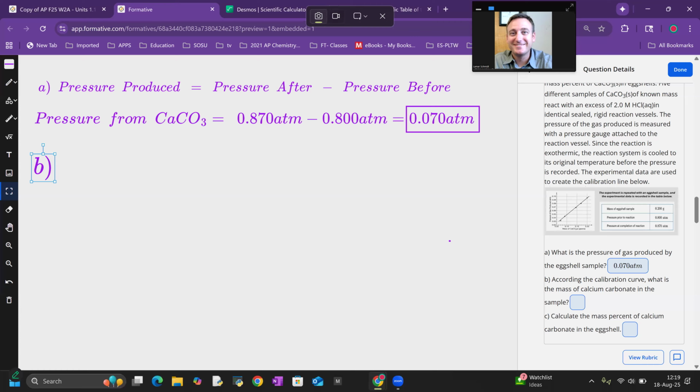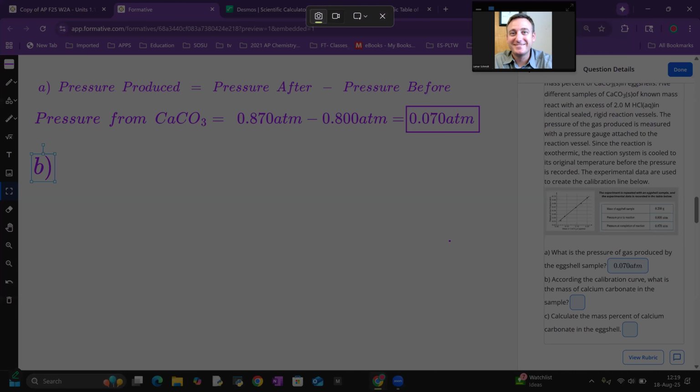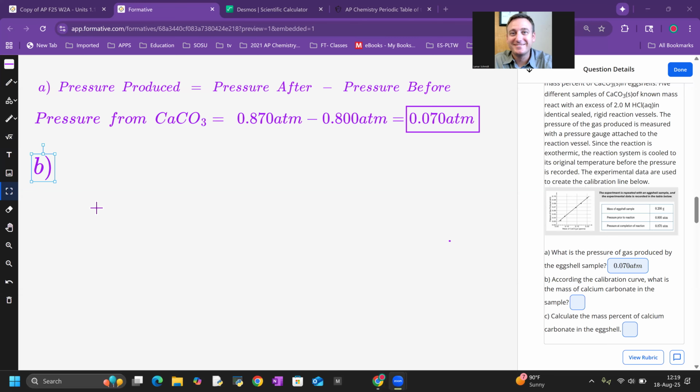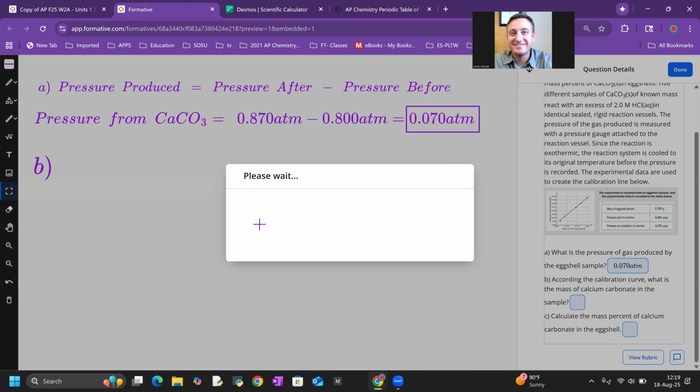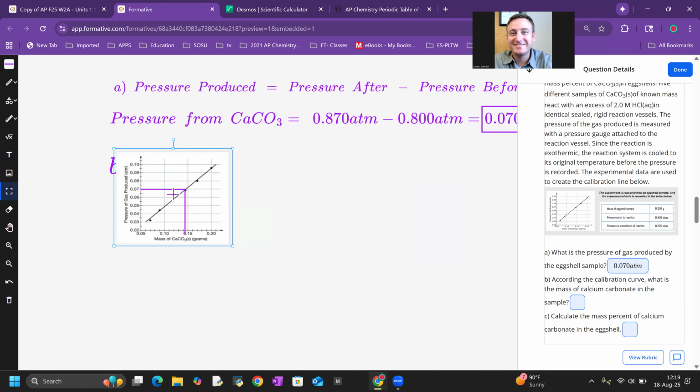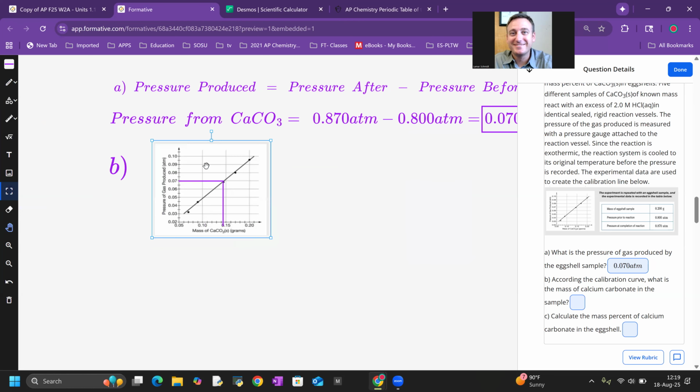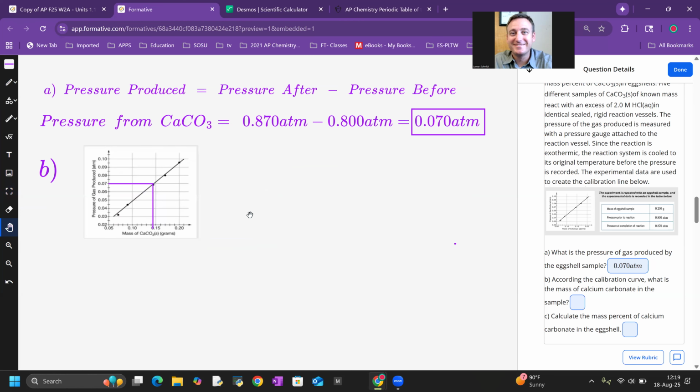And this whole thing shifted. If you don't like that, you just move it over with a little hand.